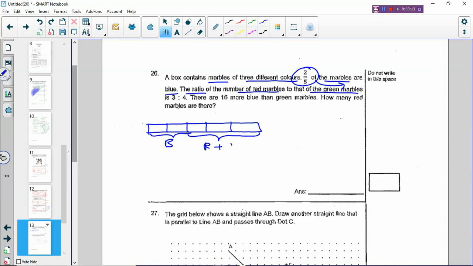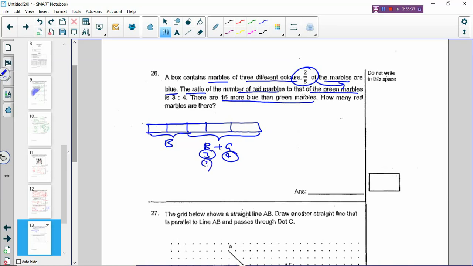The red and the green. So label your model. Whenever you draw a model, you have to make sure that you label the model clearly. And the ratio of the red to the green is 3:4, so you can write something like that. There are 16 more blue than green. Now, if you can't put this in the model, then you don't put. How many red marbles are there? So that is your question mark.